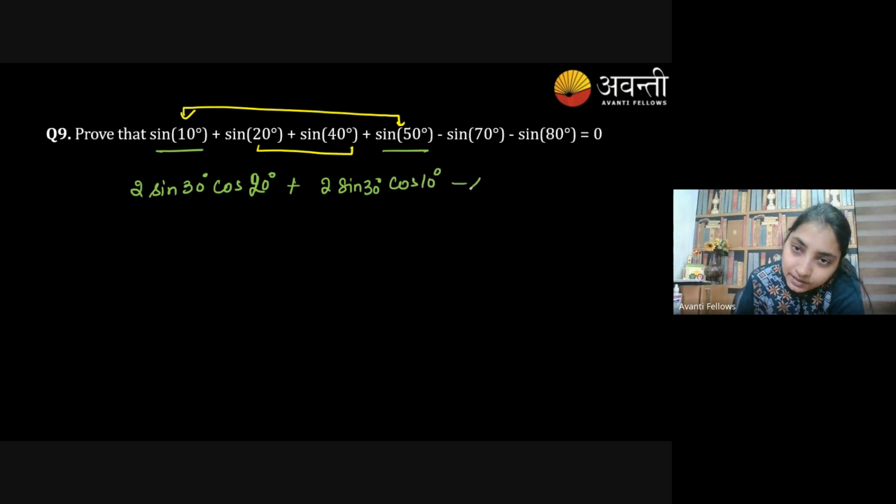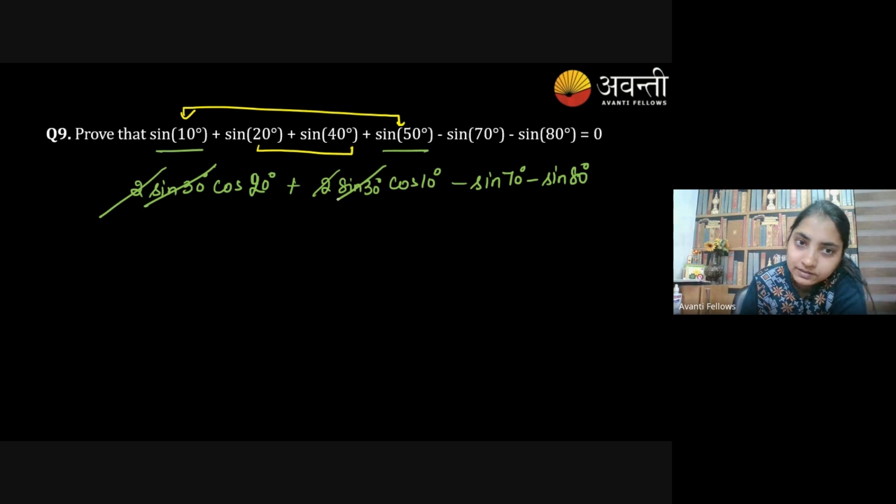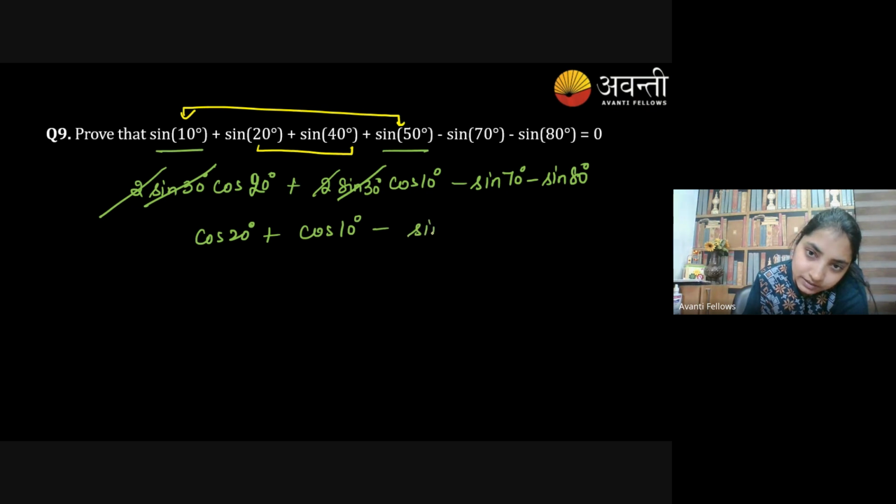Agree? Minus sine 70 degree minus sine 80 degree. Any doubt till there, Devayut? Sine 30 is 1 by 2 and the 2, they are cancelled. So cos 20 degree plus cos 10 degree minus sine 70 degree minus sine 80 degree.